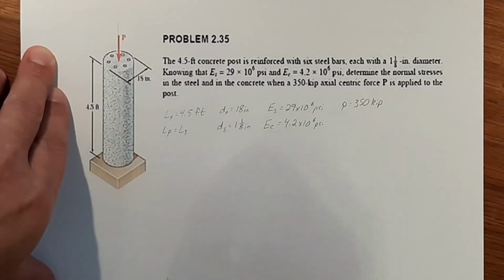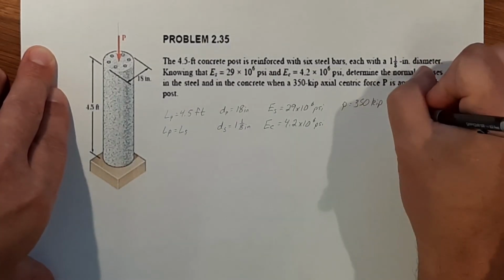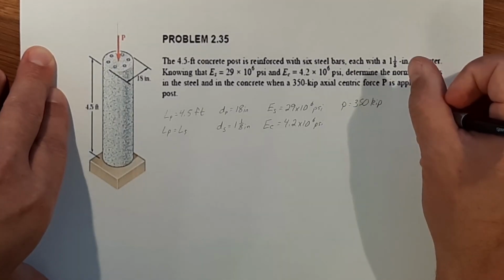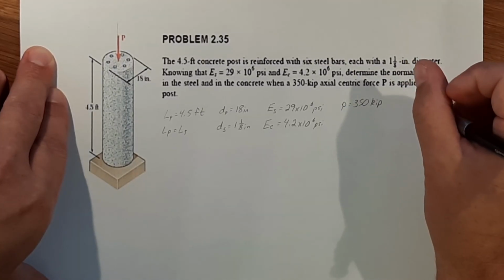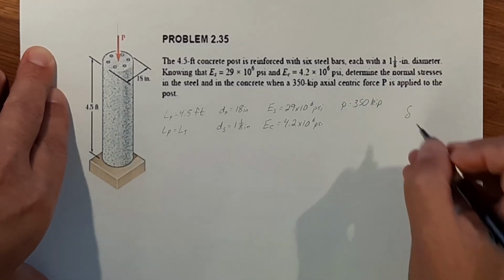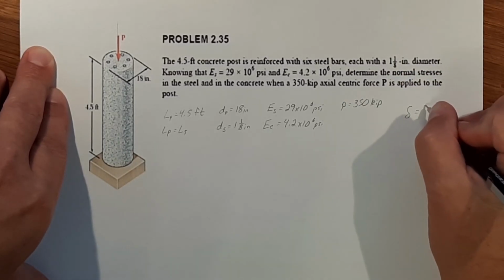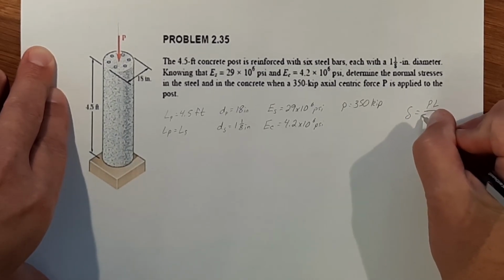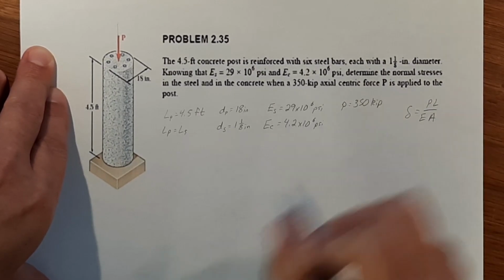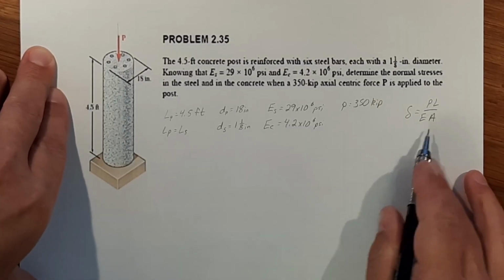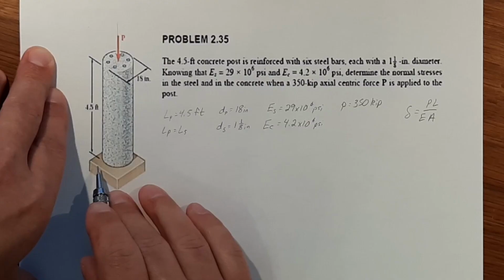In a previous video, I mentioned that there is an equation for determining the change in length: delta is equal to P times L over E times A. We can use this equation to help solve this problem.